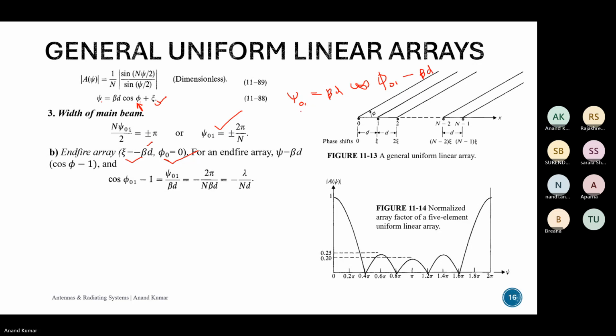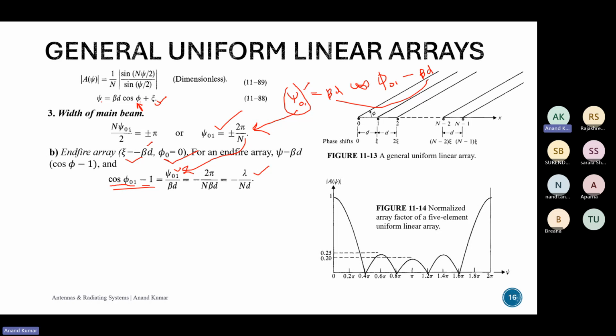Now we have the value of this psi from before, and we can take beta d common. Upon taking it common, we have cos phi 01 minus 1. First we keep the psi term by beta d, then substitute the psi value, 2 pi by n, and we end up with minus lambda by n d.